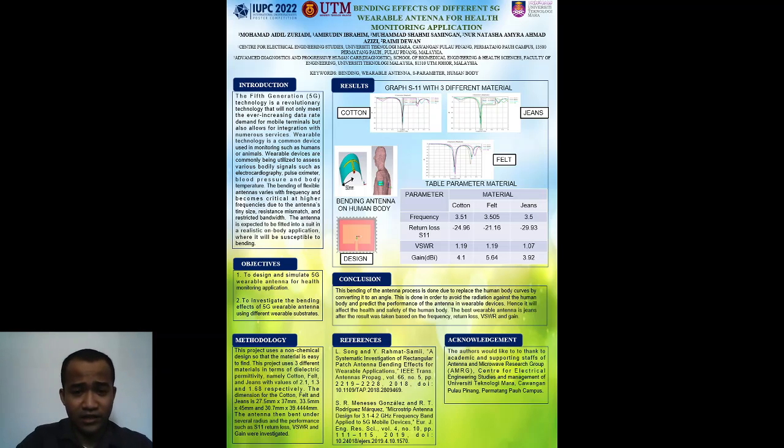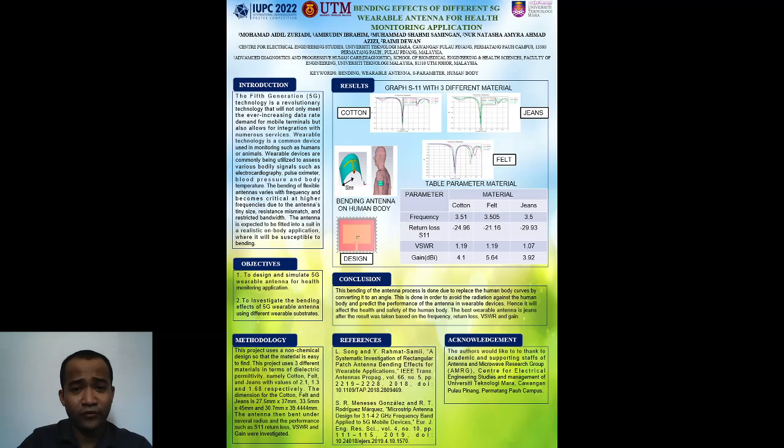Next, we continue with the result. For the result, I have put the graph for the S parameter with the three different materials that I have used, which are cotton, jeans, and felt.